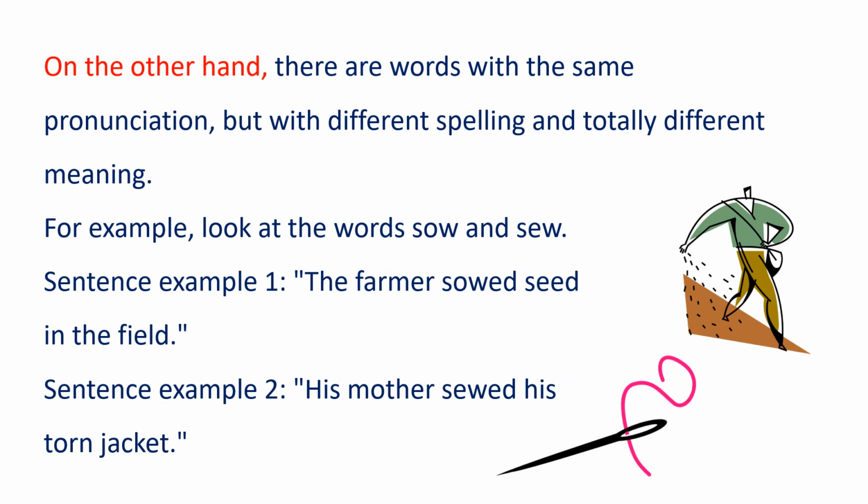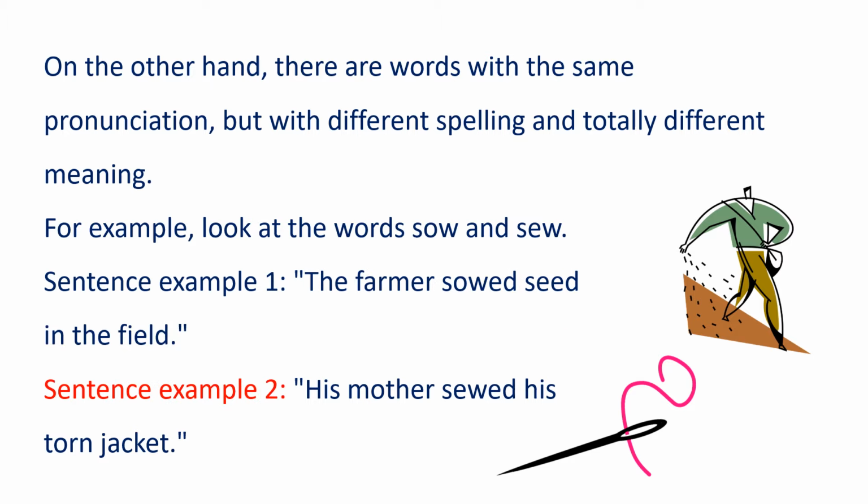On the other hand, there are words with the same pronunciation but with different spelling and totally different meaning. For example, look at the words sow and sew. Sentence example 1. The farmer sowed seed in the field.